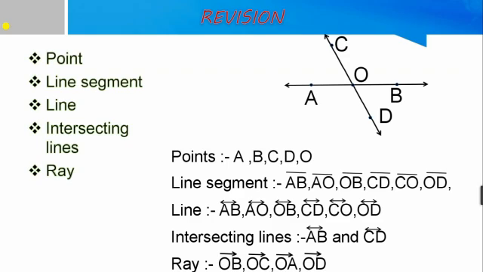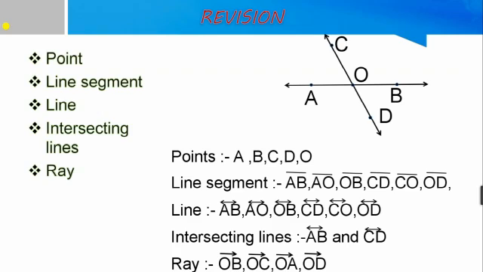Next term, intersecting lines. If 2 lines meet at a point, then the 2 lines are called intersecting lines. In the given figure, the 2 lines AB and CD meet at O. So, we can call the 2 lines as intersecting lines.